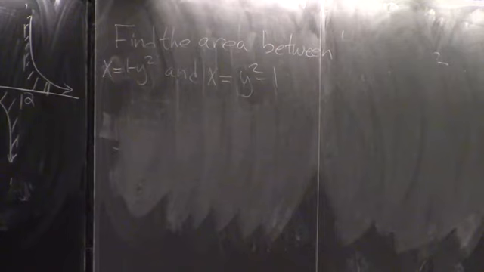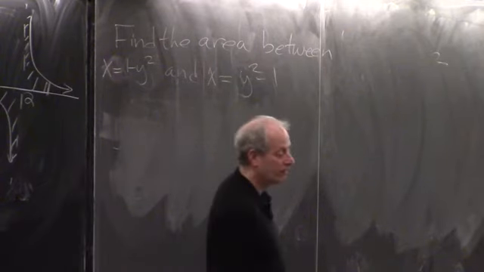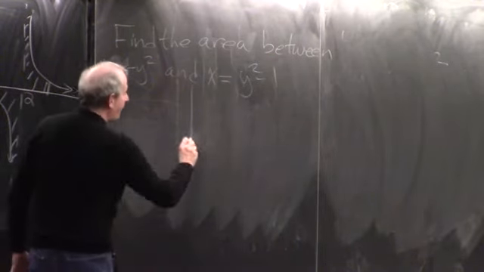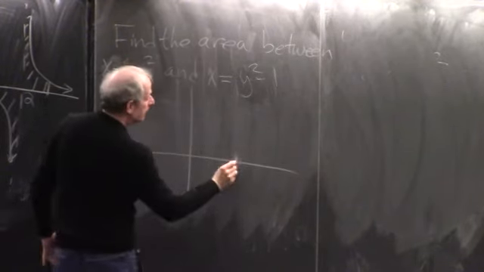Second last one. So let's see. 1 minus y squared, you go to 1, and then you go this way.